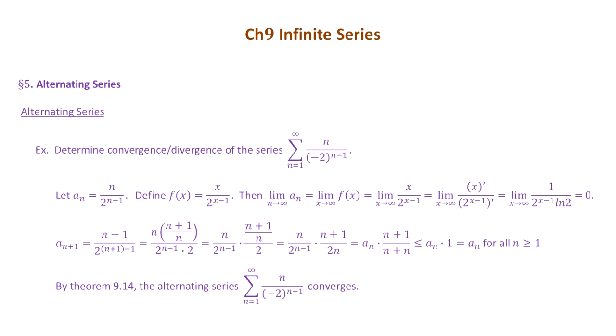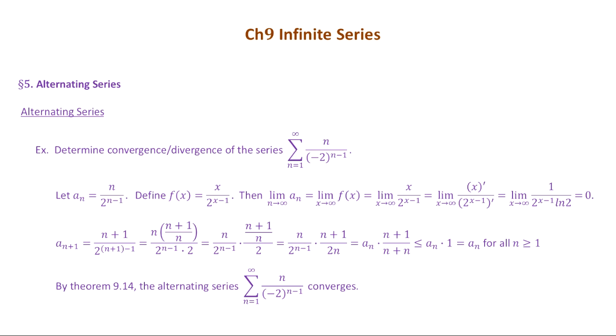So n plus 1 over 2n obviously is less than or equal to 1 because n is greater than or equal to 1 in this series, remember? So that means the whole thing is less than or equal to a_n. So the second condition is satisfied.